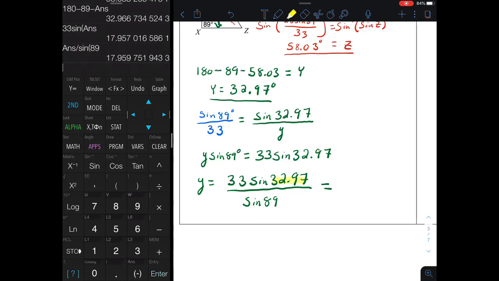And we get 17.96 for our answer. All right, so that's solving triangles using law of sines.